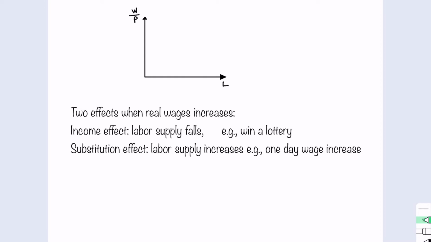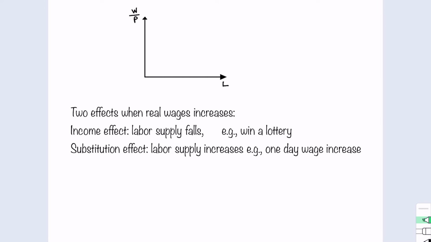Therefore, we believe that when an individual faces a wage increase, the substitution effect indicates that the labor supply should increase, because we would prefer to work more on the day of the wage increase, but for all the other days, we prefer to work less.